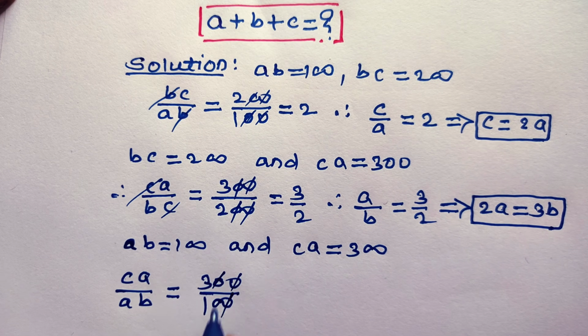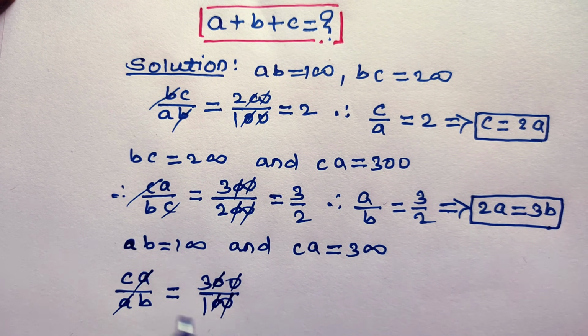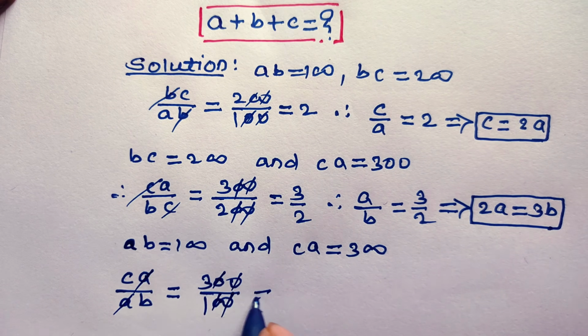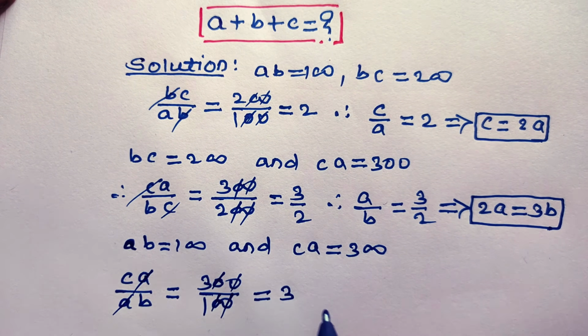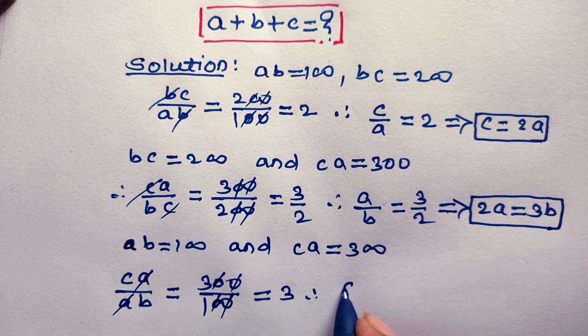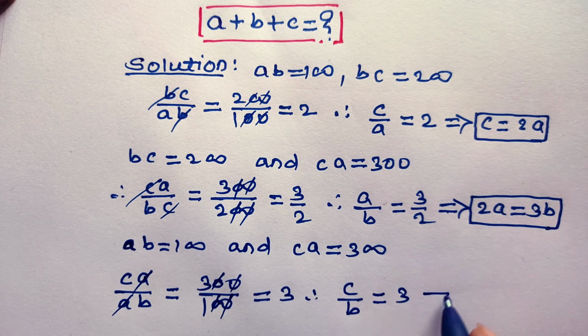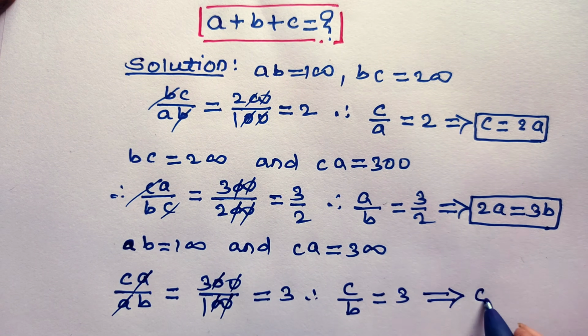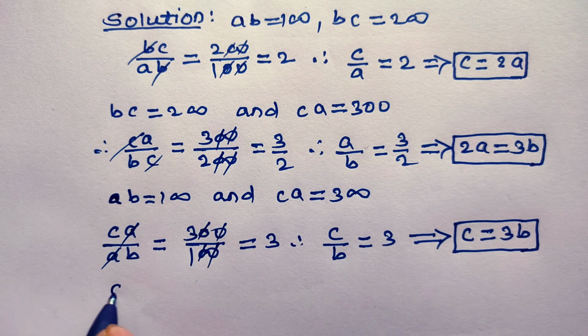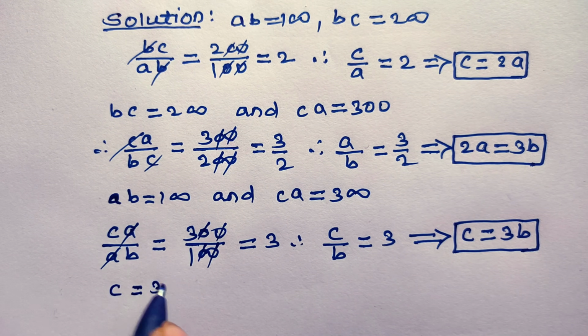The zeros cancel with the zeros. Here A also gets cancelled. This is equal to 3 upon 1, which is 3. Hence C upon B is equal to 3. Taking cross multiplication, this gives C is equal to 3B.